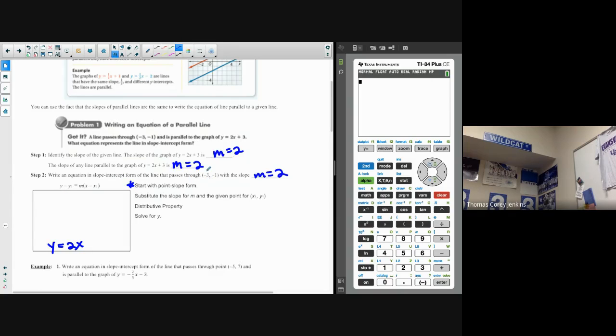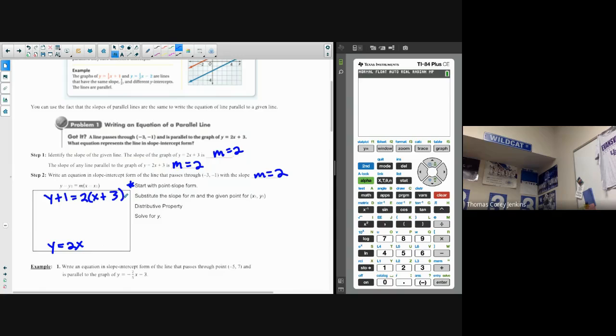So in point-slope form, our x1 is going to be -3, our y1 is going to be -1, and m is 2. So remember, it is y minus y1, which we just said is -1, minus -1 shows up as +1, equals m, so 2, times the quantity x minus x1, which is -3. So that's going to show up as x plus 3.